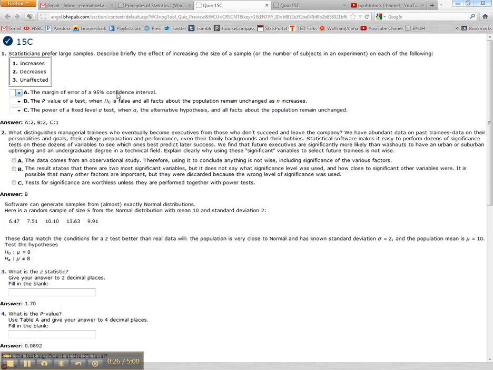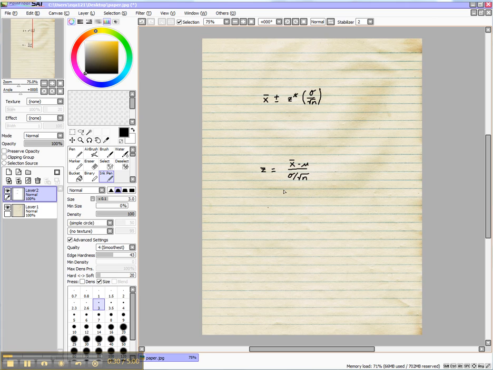Alright, so if we're increasing size n, let's take a look at the formula. If we increase size n right here, so this is n, and n divides the sigma, right? The standard deviation. If we just took just this part, because this is all really we're looking at, just the margin of error.